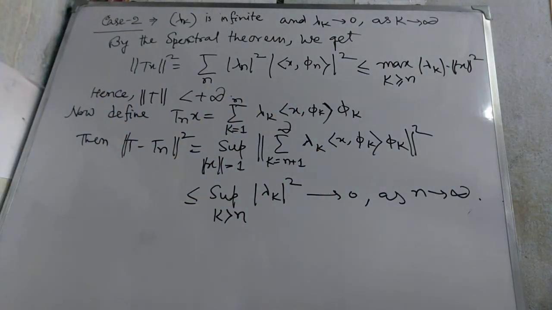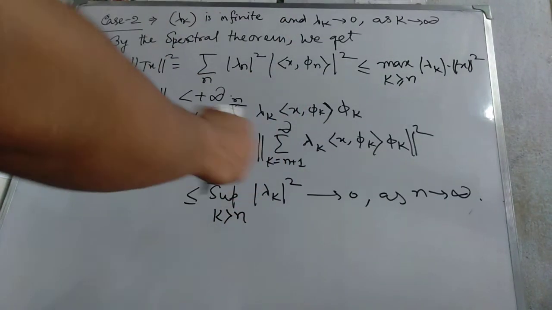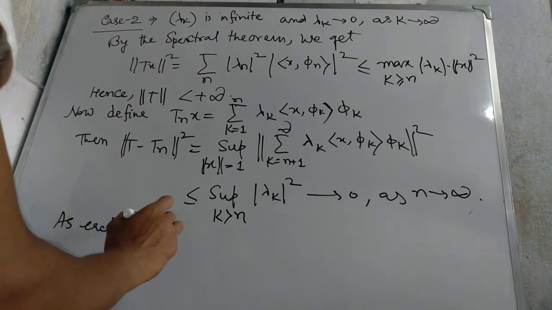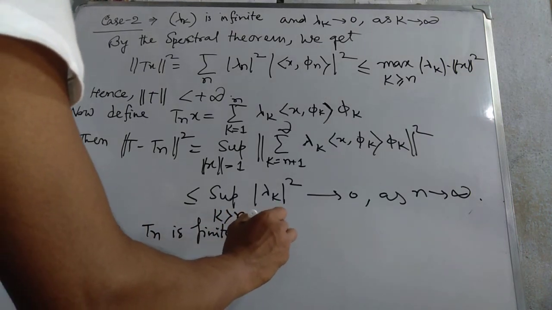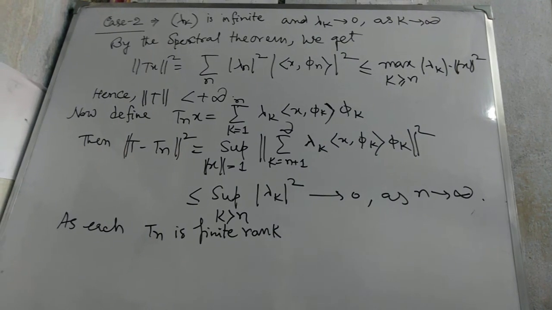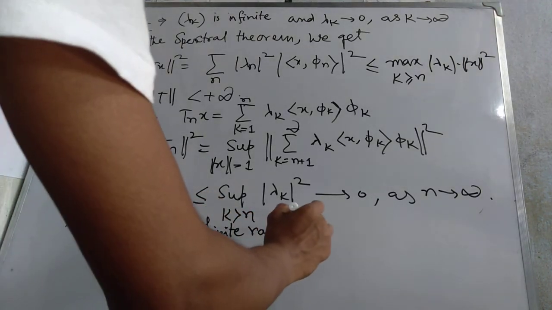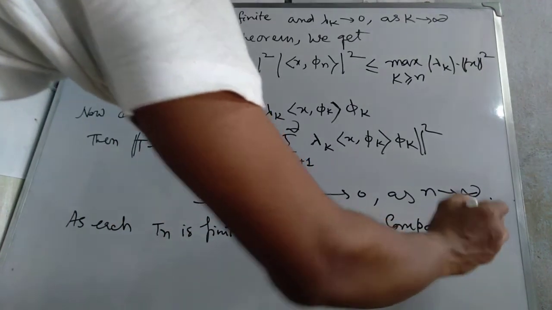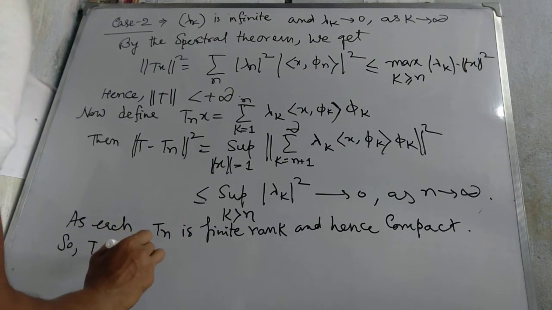Since lambda k tends to 0, let n go to infinity, that is, k tending to infinity. As Tn is finite rank, and hence compact, T is compact.